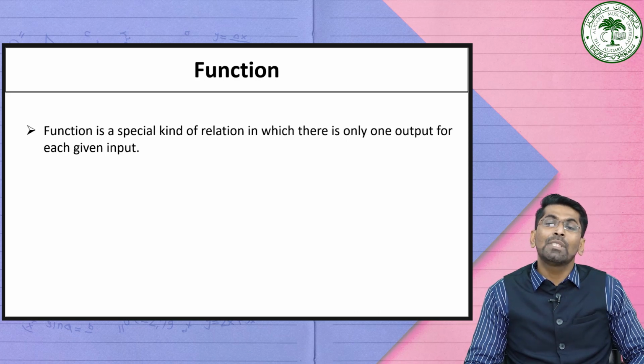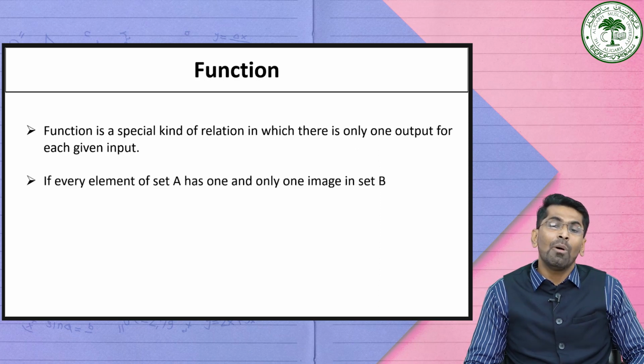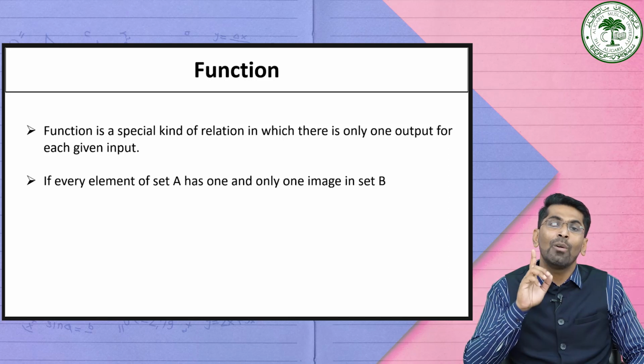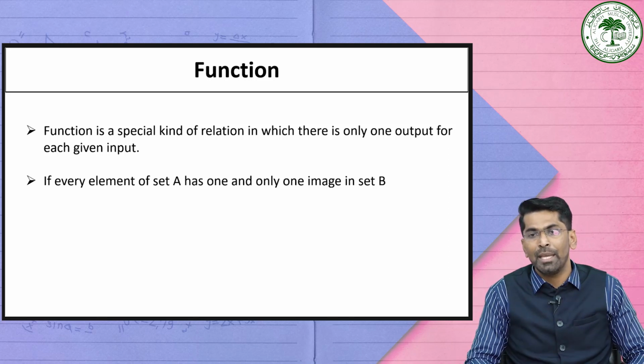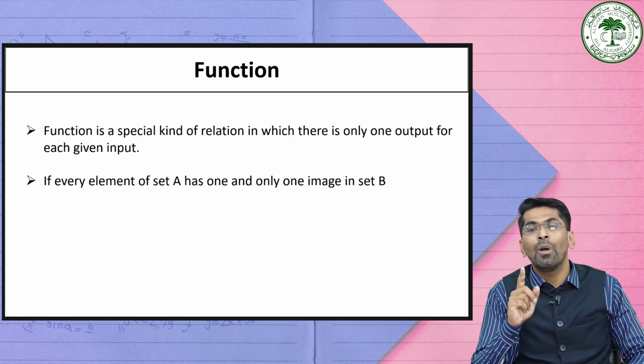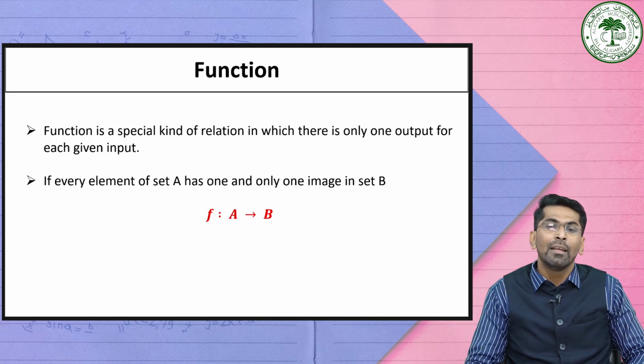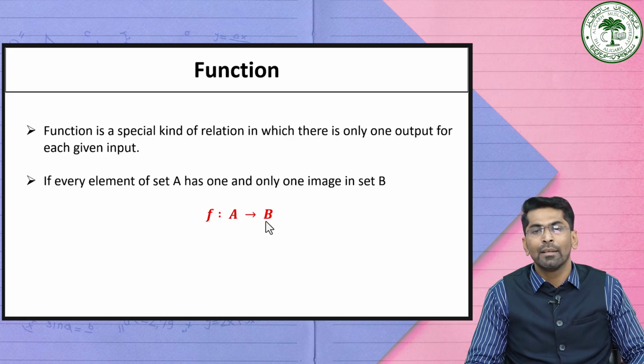A relation from set A to set B is said to be a function if every element of set A has one and only one image in set B. That means every x value must be associated to only one y value. Mathematically, we can write f is a function from A to B. Here, A is the domain and B is the codomain.